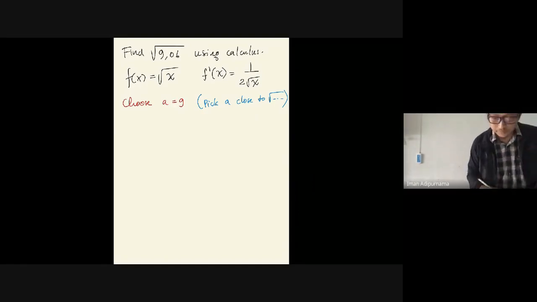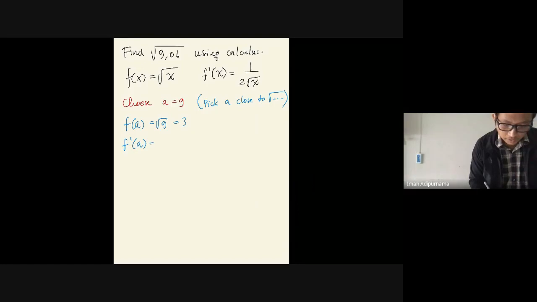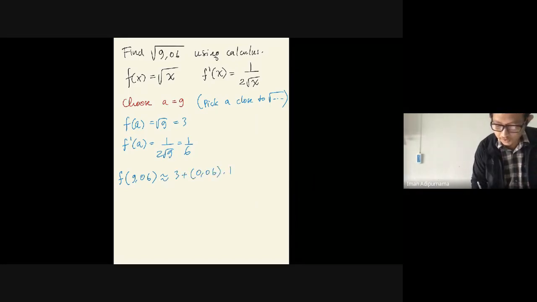So f(a), and then f prime of a will be... So my whole function, using the approximation, is 3 plus 0.006.